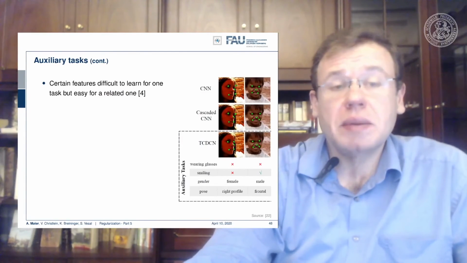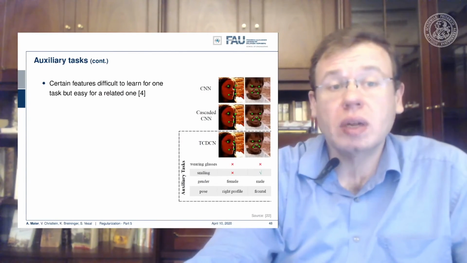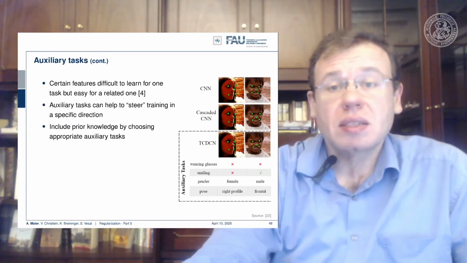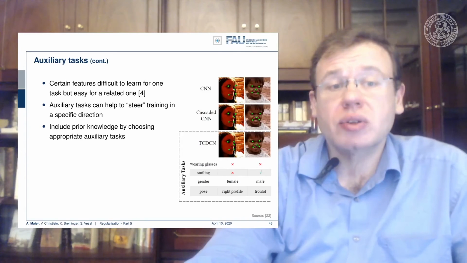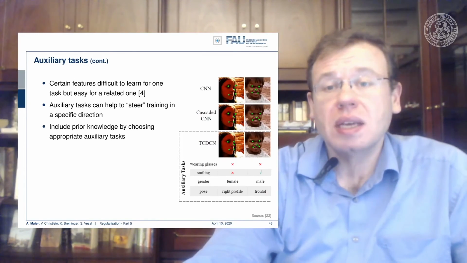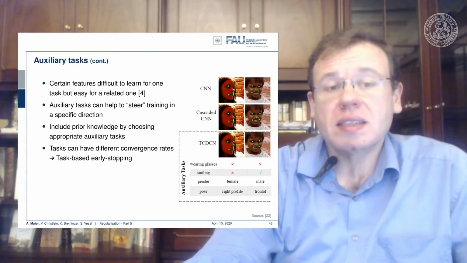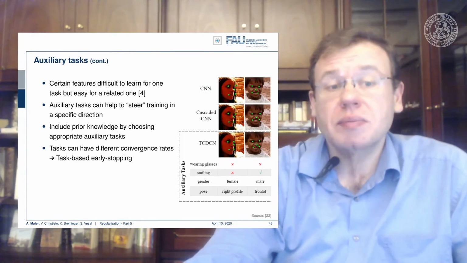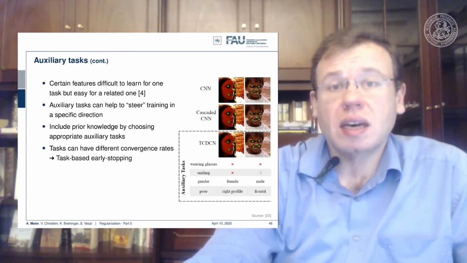So certain features may be difficult to learn for one task, but it may be easier for a related one. The auxiliary tasks can help to steer the training in a specific direction, and we somehow include prior knowledge by choosing appropriate auxiliary tasks. Of course, tasks can have different convergence rates, so you can also introduce task-based early stopping.